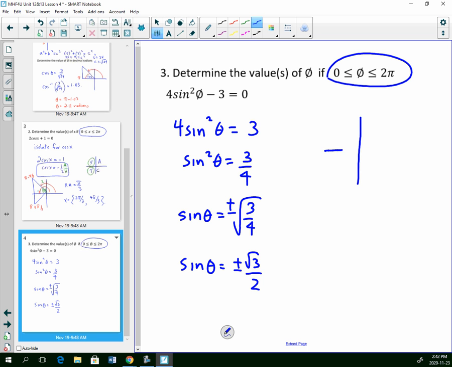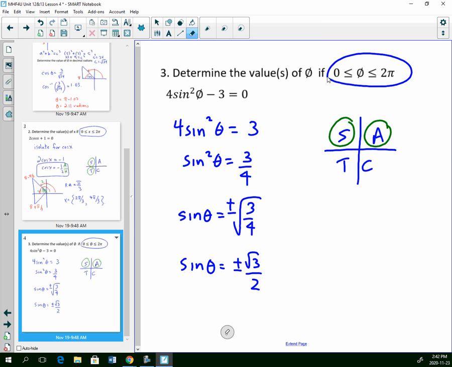So according to my CAST rule, it could be in all 4 quadrants. If it's positive root 3 over 2, it could be in quadrant 1 or 2. If it's negative root 3 over 2, it could be in quadrant 3 or 4. So my answer is going to be in all 4 quadrants in this question, for the main reason that I have a positive and a negative.